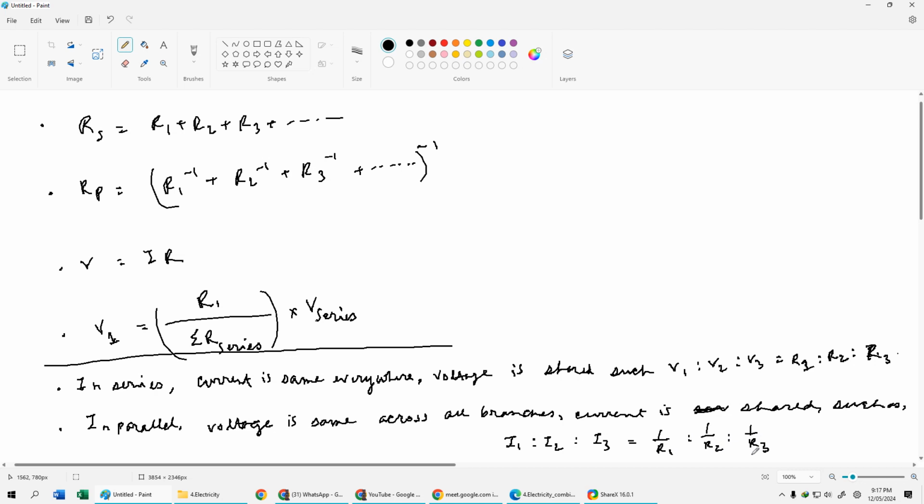So these are the two ratio formulas that we can use to calculate the voltage ratio and the current ratio when necessary.